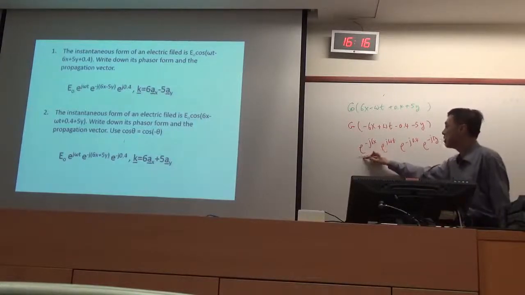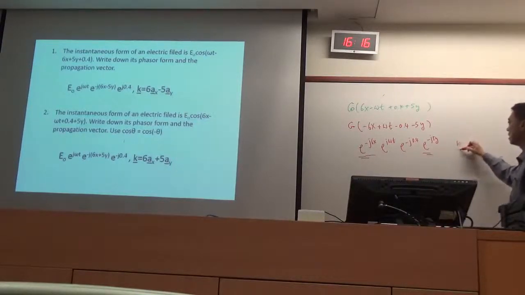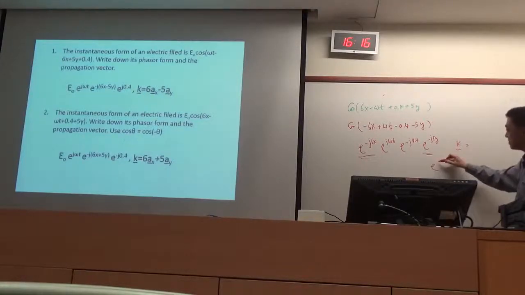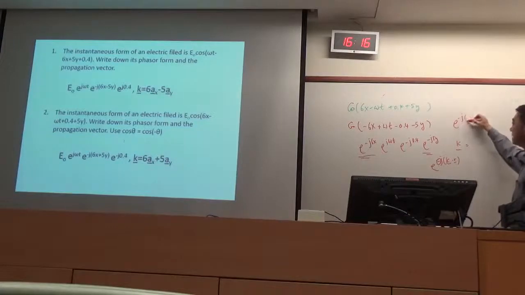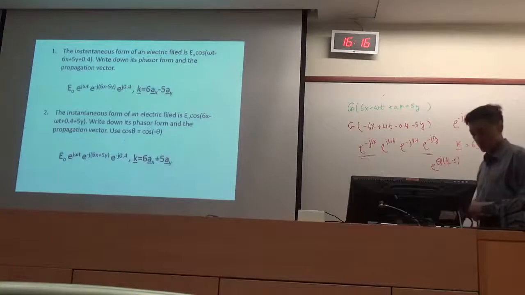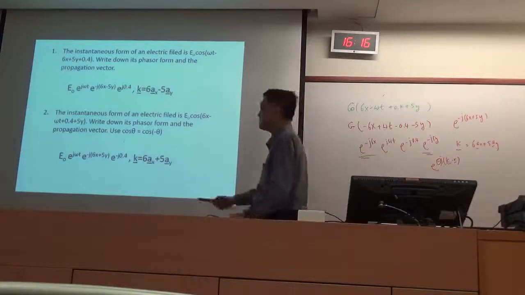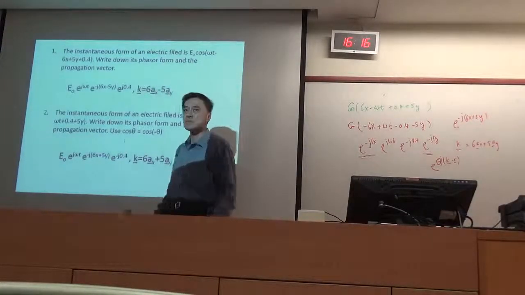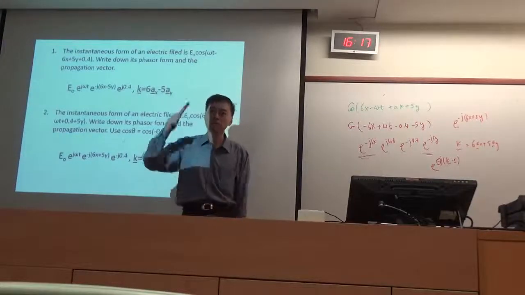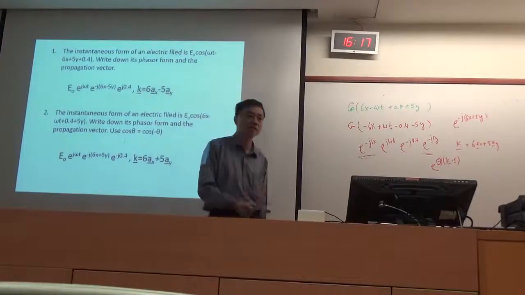Now your k, remember, you must have a minus in front first, then k dot r. So this minus sign must be outside. Then you have 6x plus 5y. So k is equal to 6 ax plus 5 ay. Remember, the ωt must be positive, cannot have negative.